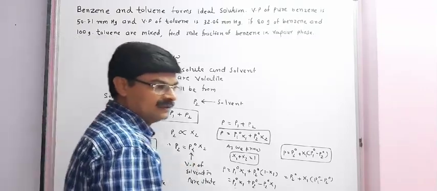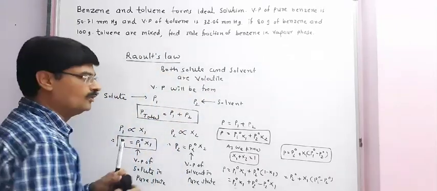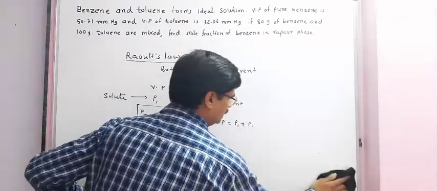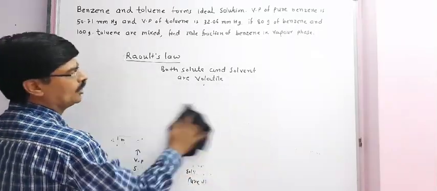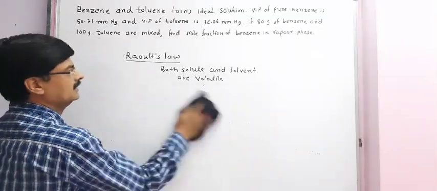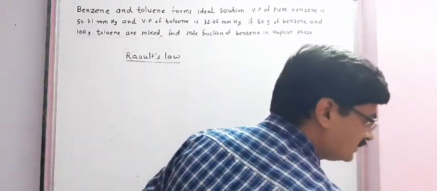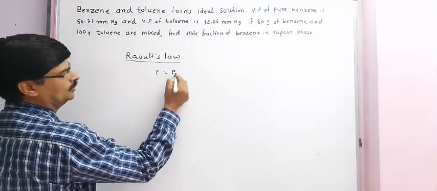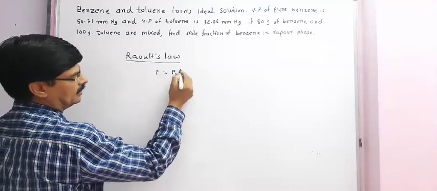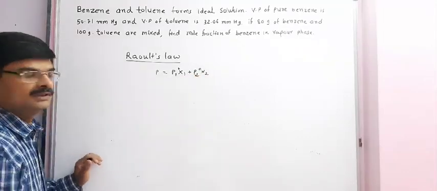Now we will discuss the graph related to vapor pressure and mole fraction, for the same condition, meaning both solute and solvent are volatile. We have the formula P is equal to P1 naught X1 plus P2 naught X2.